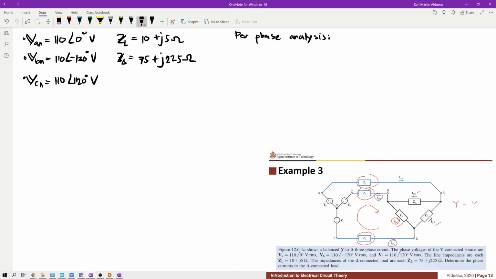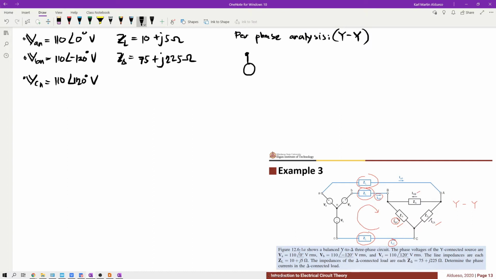So remember that the values in the per phase analysis, from the name itself, are the phase values: phase voltages, phase impedances of the load, and then the phase current. And remember that the phase current and the line current of a Y to Y balanced system are just equivalent.